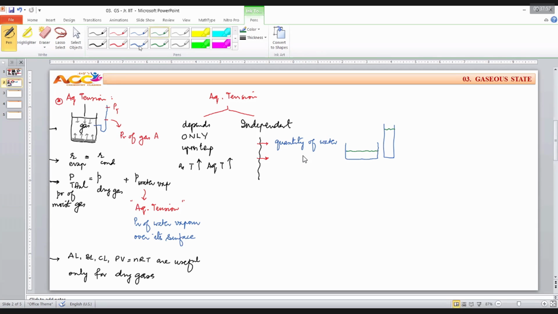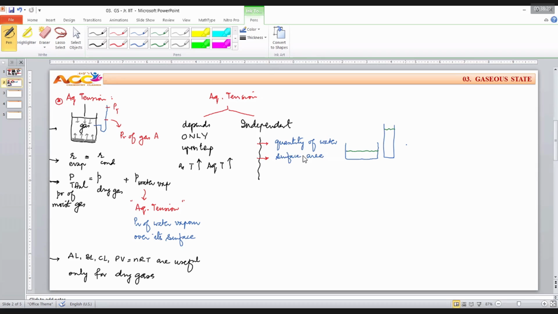You will shout, okay, sir, it depends, here we have less surface area, here we have more surface area. Examiner says, very good, I'll give you -1 mark and the answer is that it is independent. Remember that the aqueous tension is independent of surface area. Sir, something is wrong. Why are you giving negative mark? How can you say all these things?